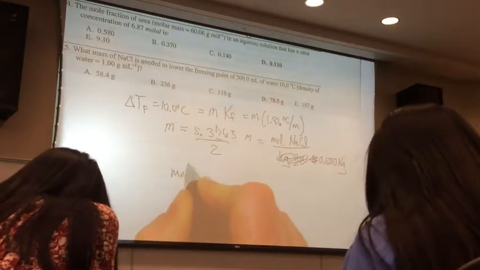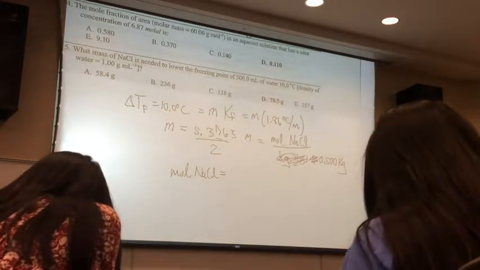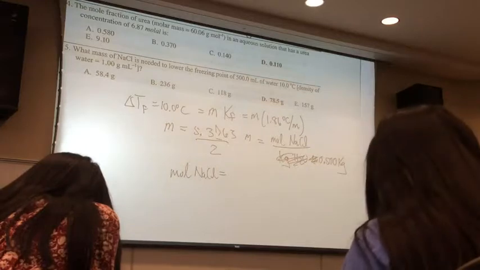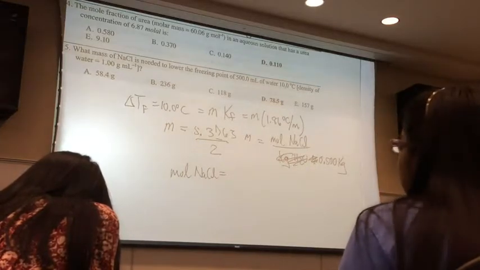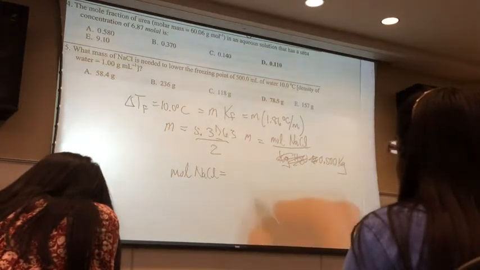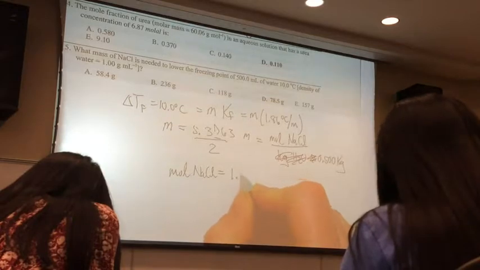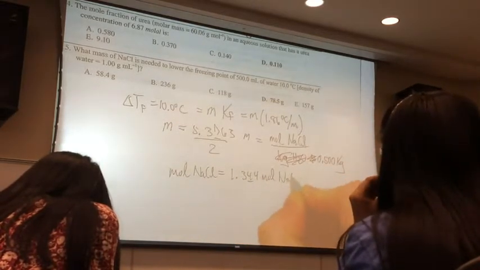So the moles of sodium chloride I need are going to be 5.3763 divided by 2, which is 2.69, times 0.5. I end up with 1.344 moles of sodium chloride.